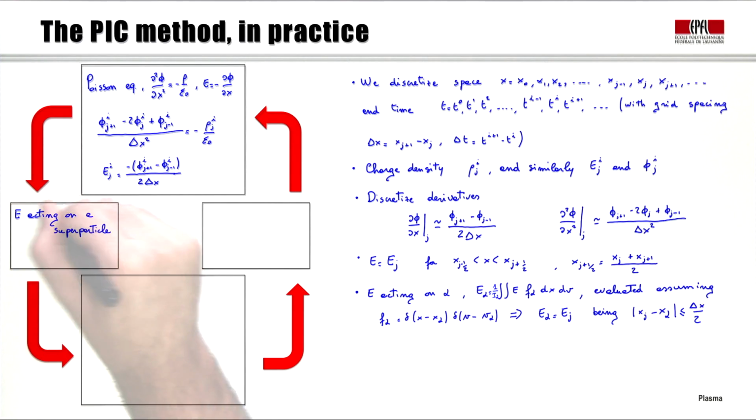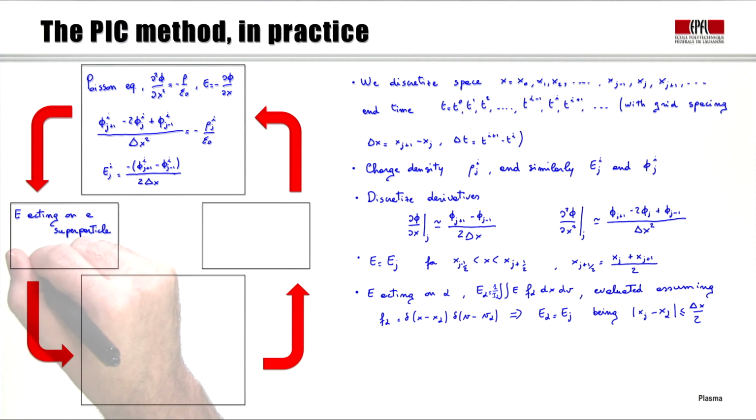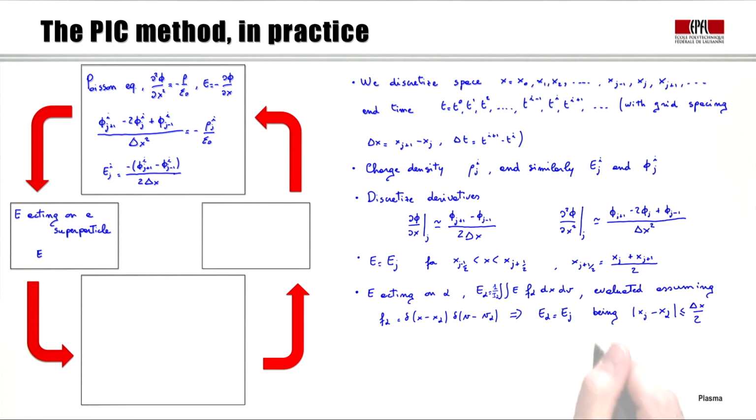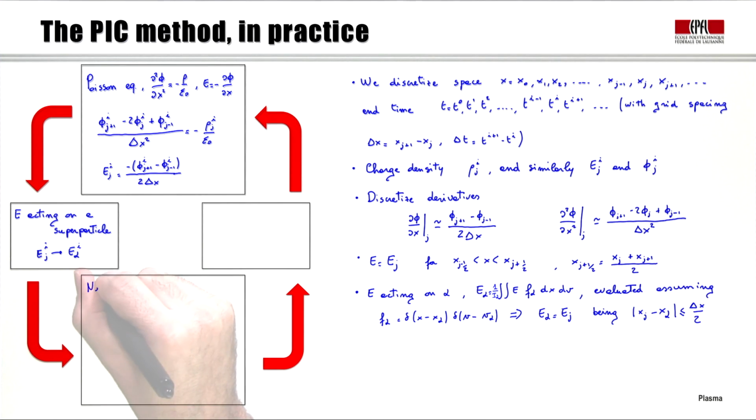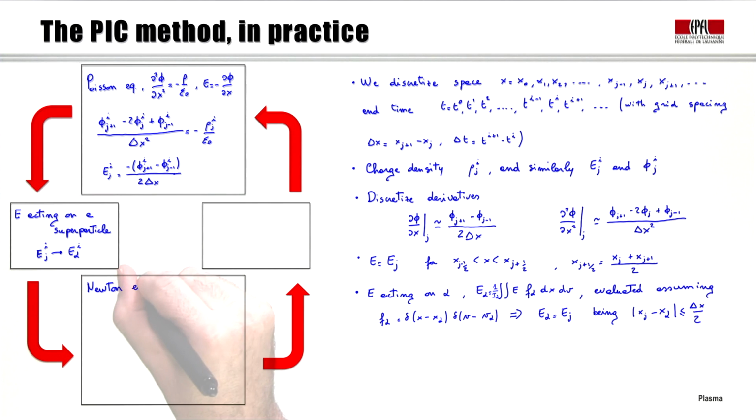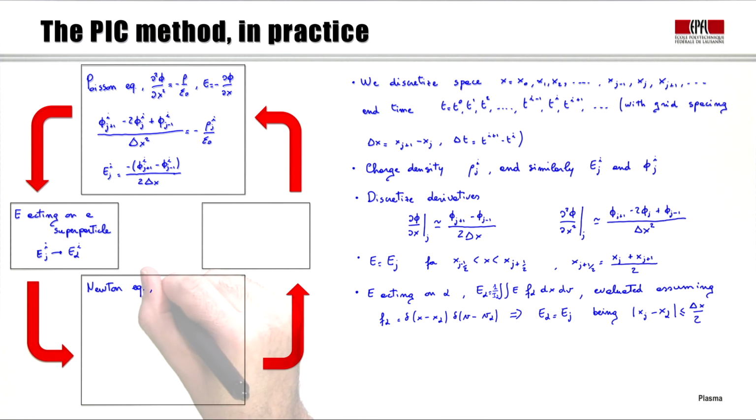Therefore, here we can have the electric field acting on a superparticle by knowing that the expression that we have already derived, Ej, will give us E alpha. At this point, we have everything to solve Newton equations for each superparticle.